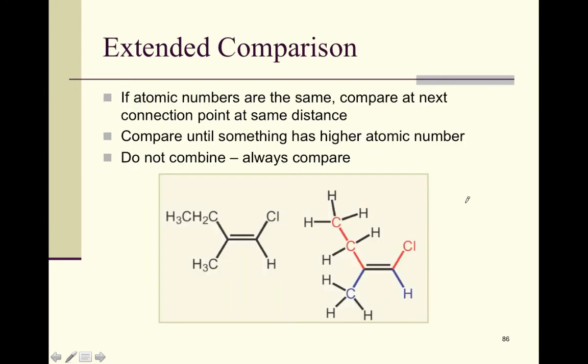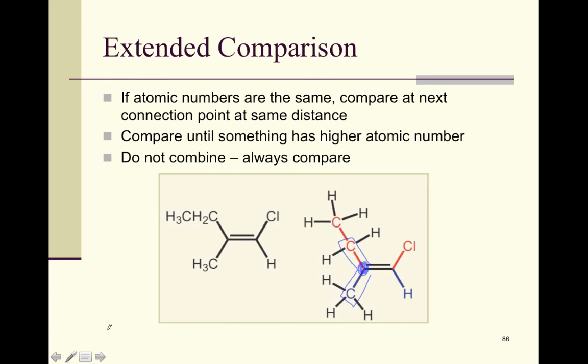Let's take a look at extended comparison. If the atomic numbers are the same, compare the next connection point at the same distance. Compare until something has a higher atomic number. Don't combine, just always compare. So do you see that this one here is the same as this here, just expanded, and the CH3 is expanded? We're starting off here. When I go one out, I have a tie, carbon and carbon.